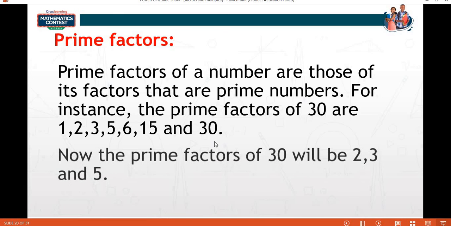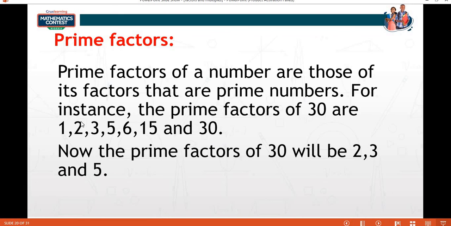The prime factors are the prime numbers here: 2, 3, and 5. These are the prime numbers that are factors of 30. That's what we refer to as prime factors.